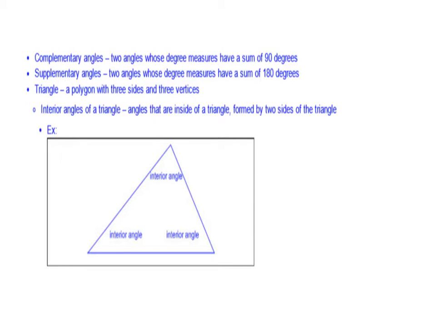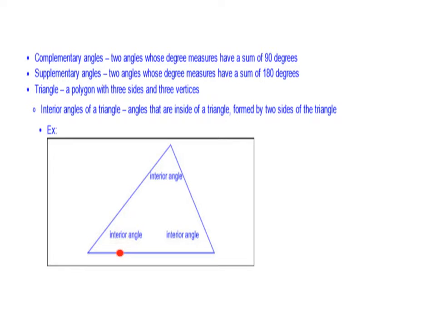Now, a triangle. We've been talking about triangles, but we can see here that a triangle is a polygon with three sides and three vertices. 1, 2, 3 sides, 1, 2, 3 vertices. And the interior angles of a triangle are angles inside of this particular triangle, formed by two sides of the triangle.